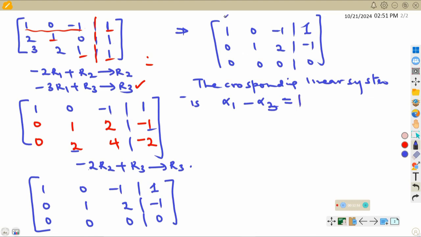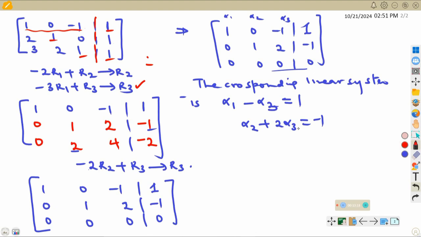Then this one here, alpha 2 plus 2 alpha 3 equaling to negative 1. Then the last one is 0, 0. So basically we need to expect infinitely many solutions.